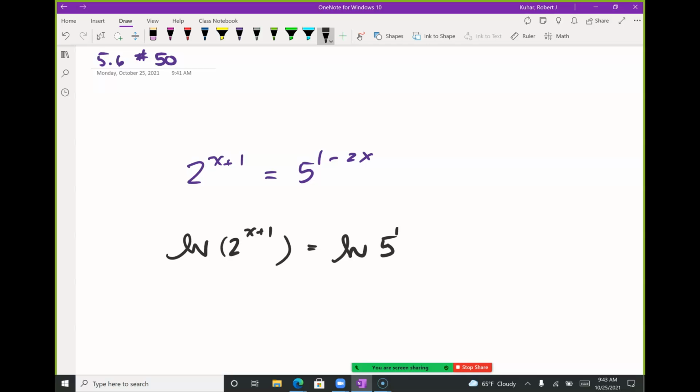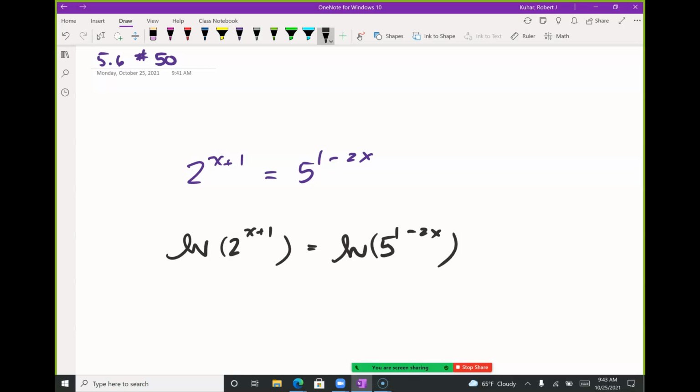That they have the same base? Well, ln and ln, yes. But I already know my exponential's 1 to 1, and log is 1 to 1, and so I can compose 1 to 1 functions with each other and keep equality.